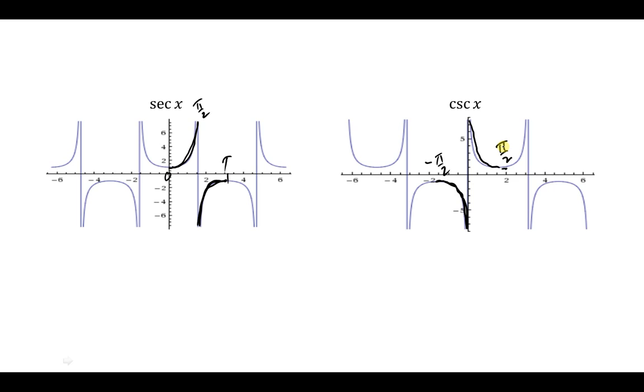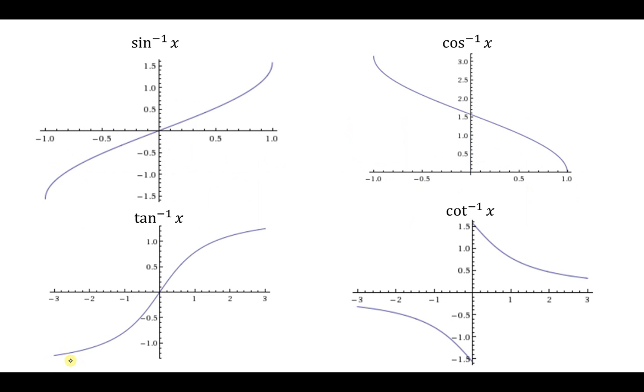Now, if we go and plot the inverses of these 4 functions, we see the inverse sine function looks like this, the inverse cosine function, the inverse tan function, and the inverse cotan function. This is one version of it, and I'll show you the other version on the other slide. Basically, all that was done was to interchange the x and y axis and replot the functions.